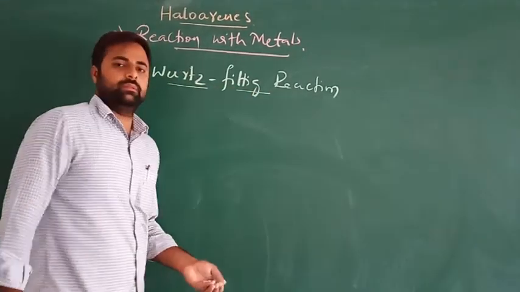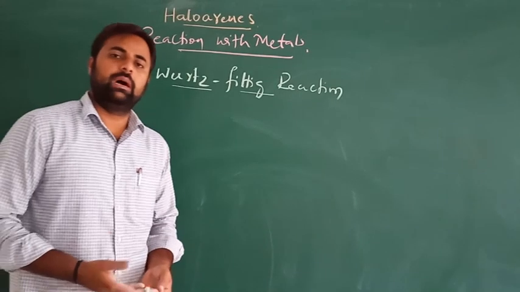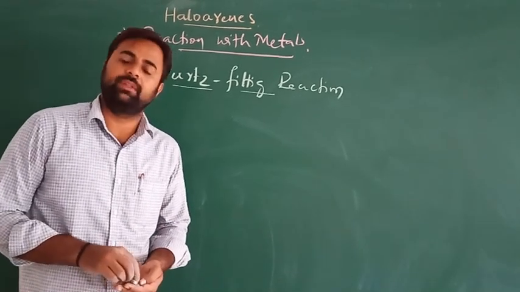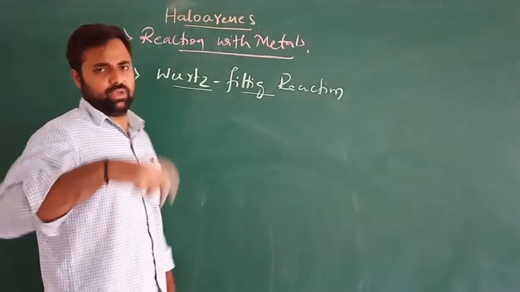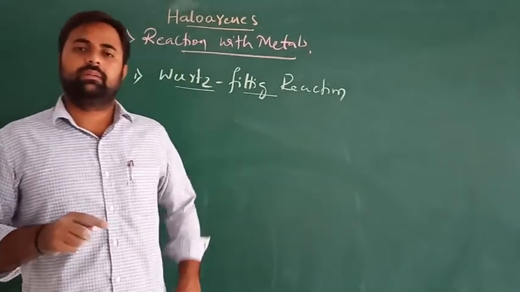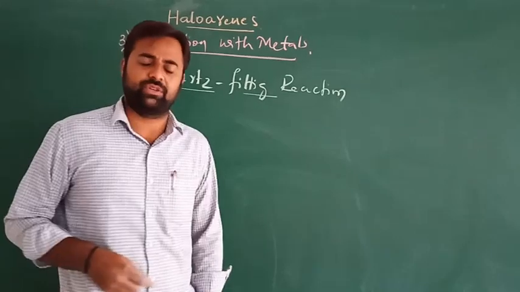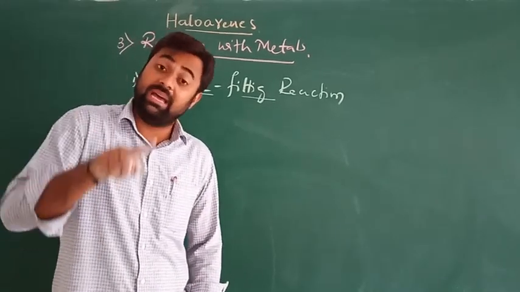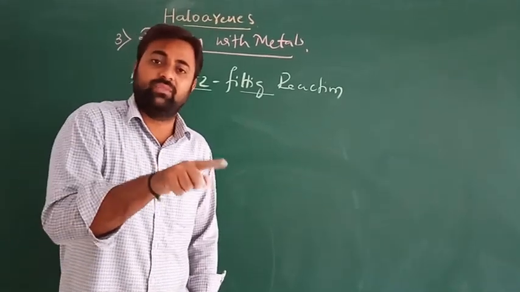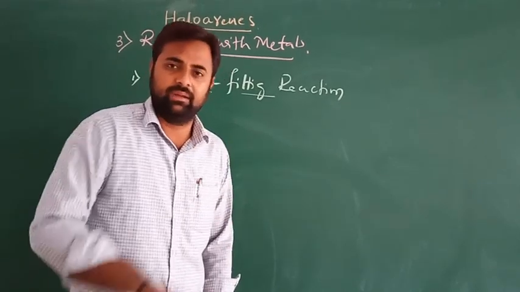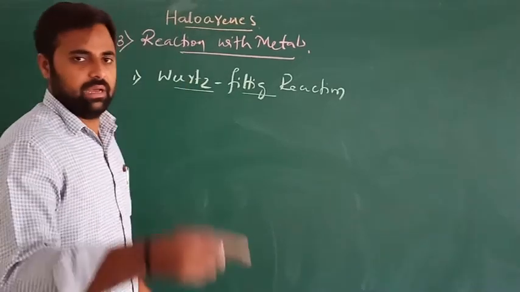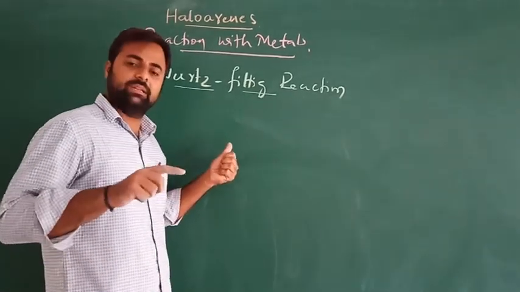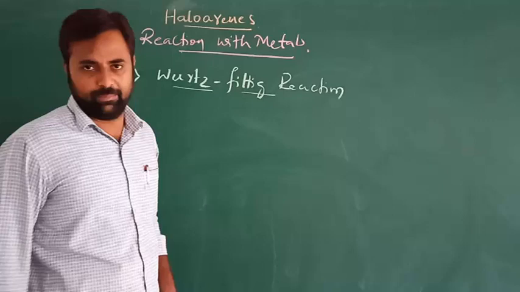This reaction tells about how aryl halides react with metal. What does Wurtz-Fittig reaction mean? One molecule of alkyl halide reacts with one molecule of aryl halide, which gives the respective product, alkyl benzene. Firstly, I'll write the general equation, then I'll give you one example.